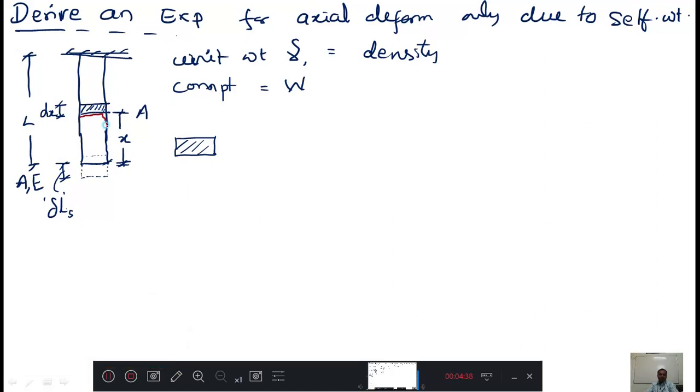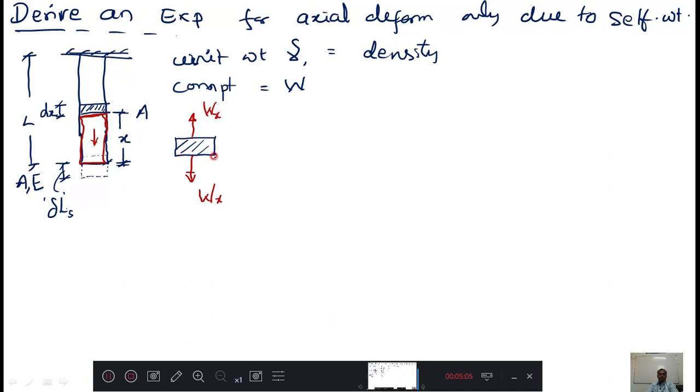See, this much of bar is there, no? This much of weight is pulling it down. Therefore, the downward force will be Wx. Wx means the weight of the prismatic bar of length x. Then if it is in equilibrium, this will be again Wx.